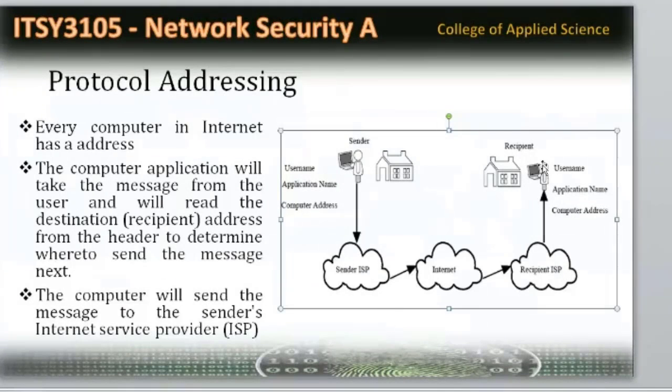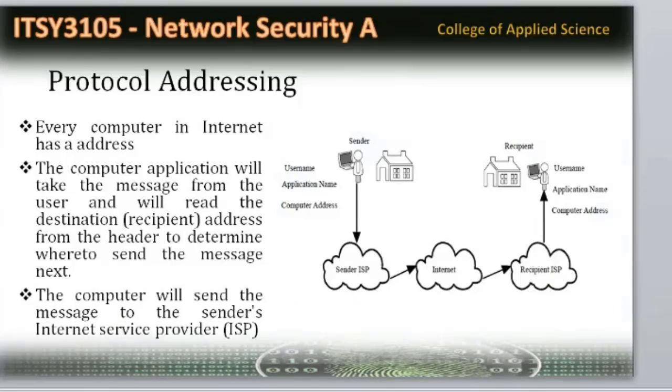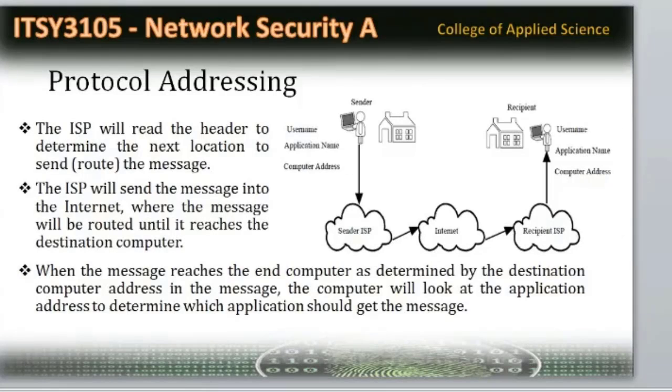So what we are understanding is that internet service providers play a major role in assigning the IP address. The ISPs automatically give an IP address to you. Then they also go for the routing.